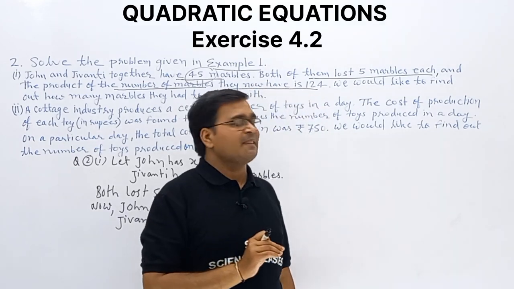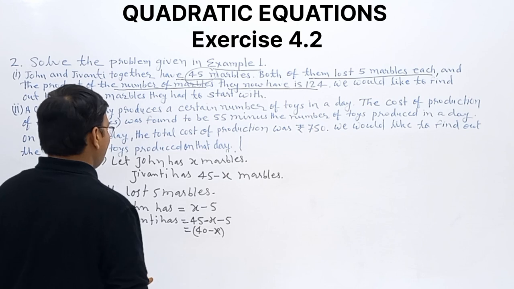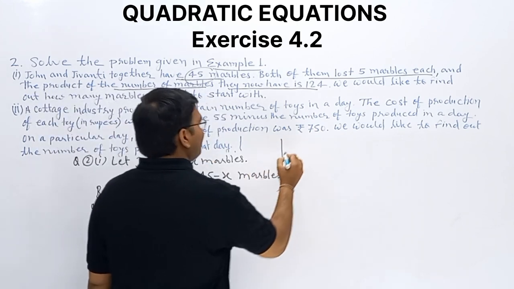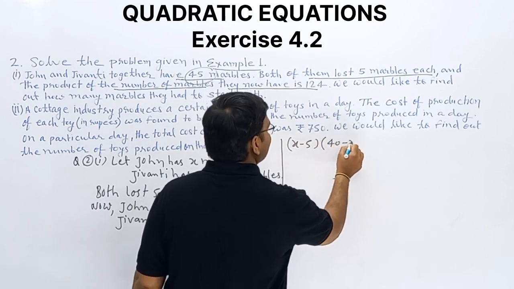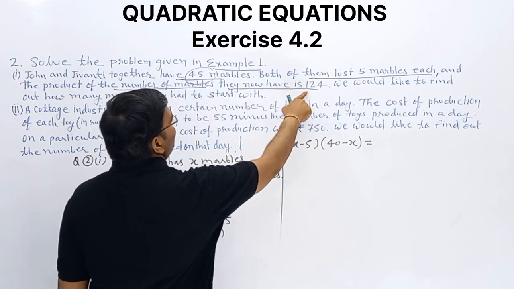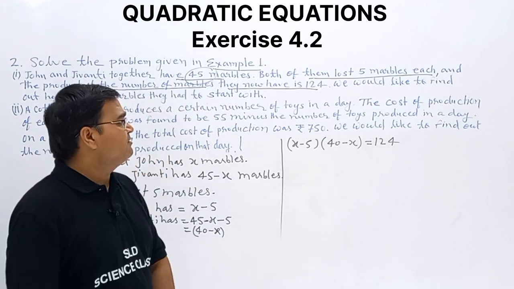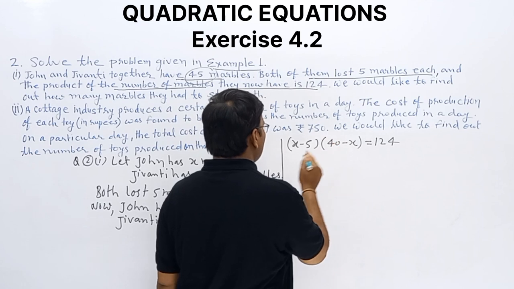It means the product of both after the loss will be, I am writing, John has X minus 5 and Jivanti has 40 minus X. The product will be 124. Clear? Now this is the equation we will solve.